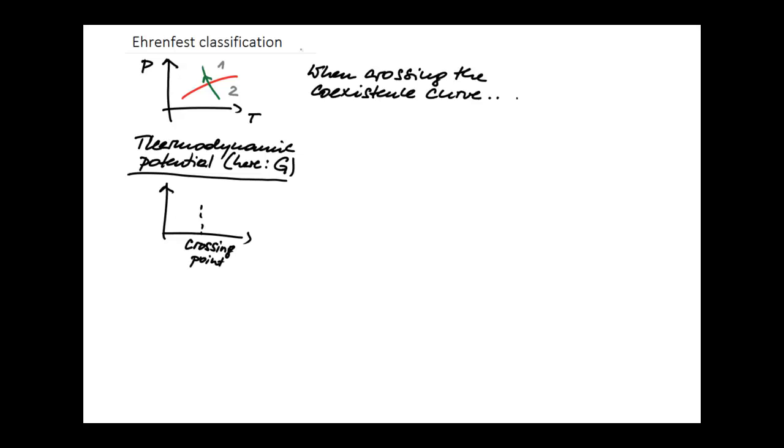The thermodynamic potential, so here in our case the free enthalpy, is continuous at the crossing. So we are in phase 2. We must use the free enthalpy G2 that relates to phase 2.